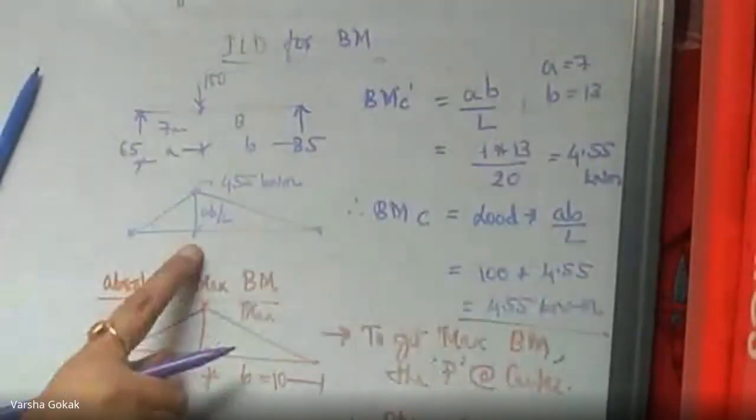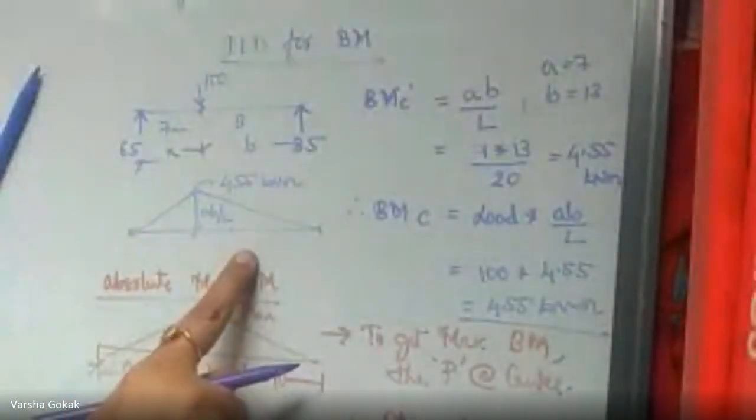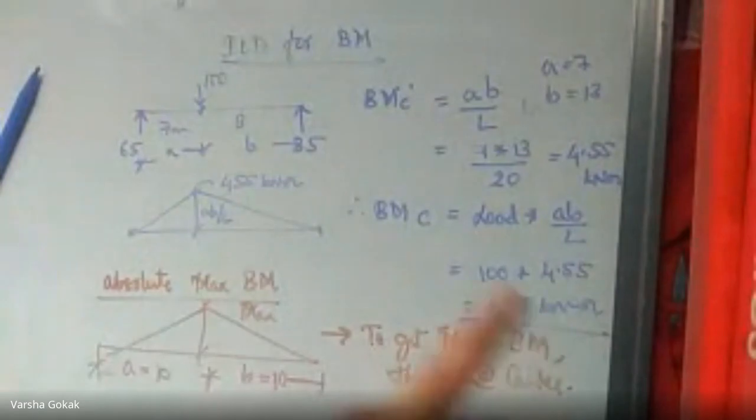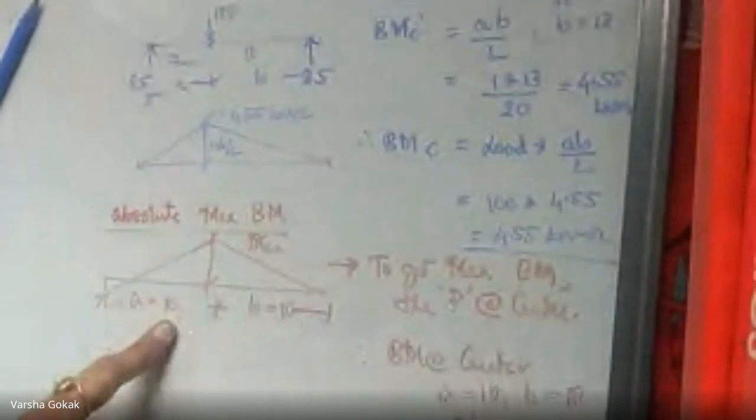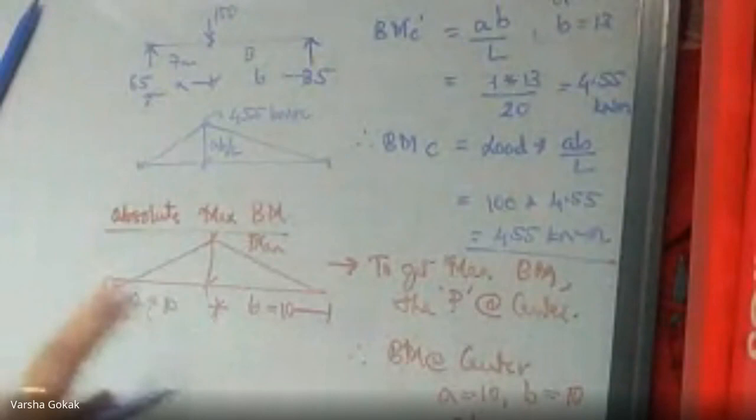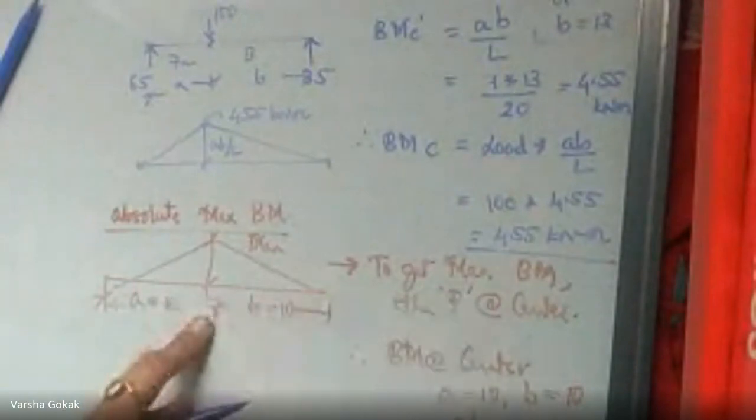First, we did the bending moment at C with A equal to 7, B equal to 13, and we got 455 kilonewton meter. Also, apart from this, he has asked what would be the maximum bending moment. In a simply supported beam with a point load, usually the maximum bending moment occurs when the point load is at the center. We are aware of this, right?